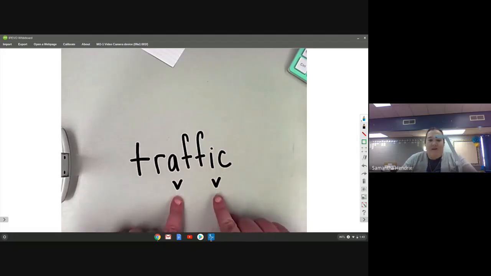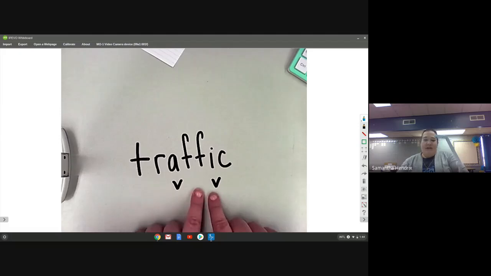So we have our vowel and our vowel, our A and our I are 2 different vowels. So this is the beginning of a vowel pattern. A vowel pattern is a pattern of letters in a word that begins and ends with a vowel. Let's look at this vowel pattern. We have 2 vowels.